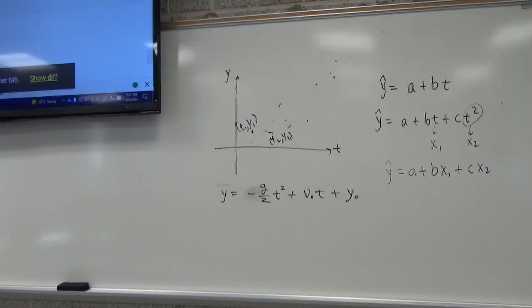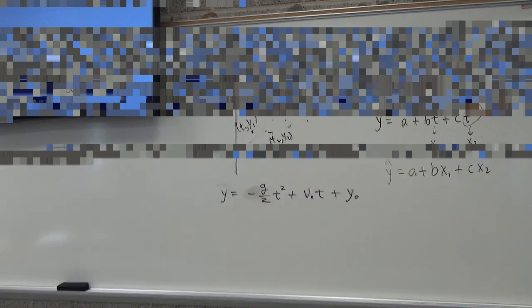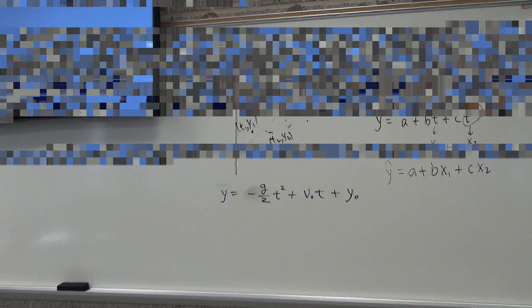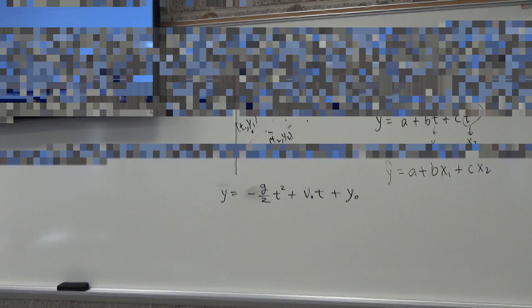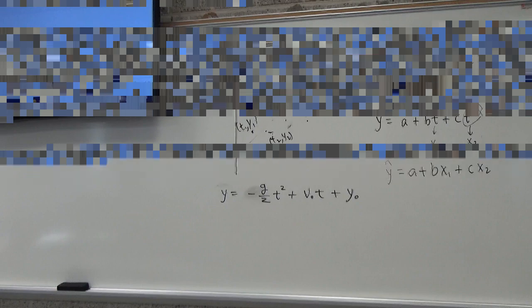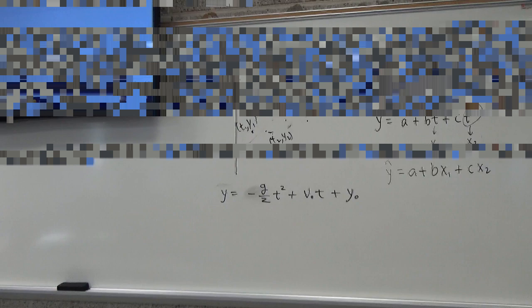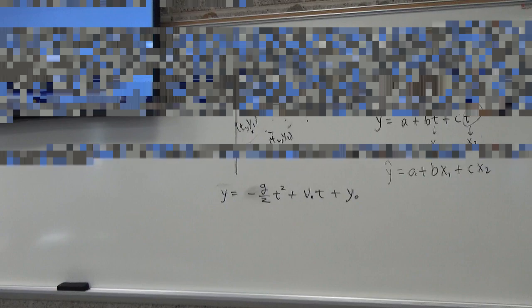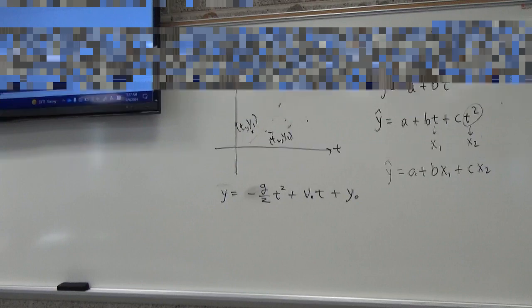Okay. Now, what I'm going to do is I'm going to make y using that formula. And let's just say g is like negative 10 meters per square second, rather than 9.8. So negative 10 over 2, that's g over 2, right? Negative g over 2 times t squared.